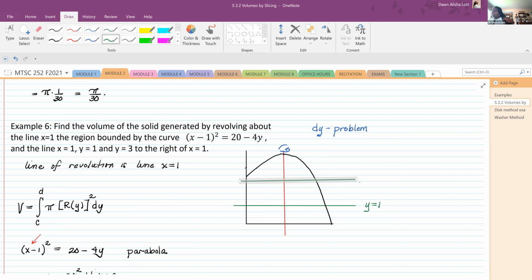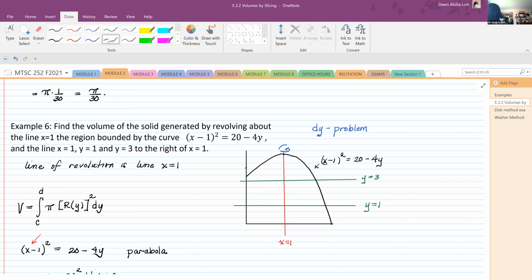So the region is bounded by this curve right here, (x minus 1) squared is equal to 20 minus 4y. This is the line x equals 1, y equals 1, and y equals 3. So I now see my region.